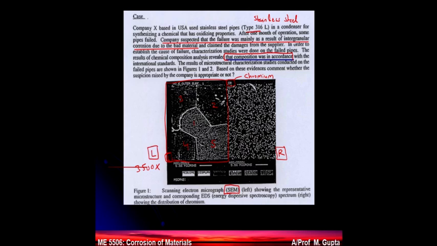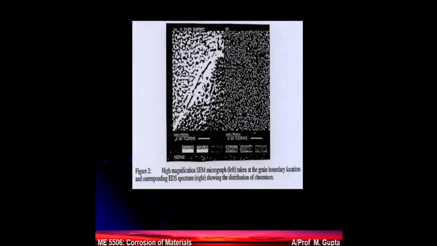Then we took the same picture and blew up the magnification even more, and now what we see is, again, a hybrid image. This is a structure of the metal at the high magnification. This magnification was 7500 times, almost double. And this is the grain boundary, shown by the diagonal red line.